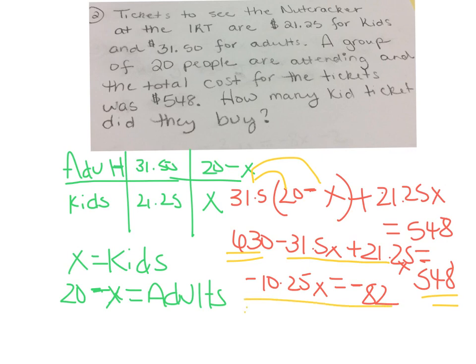Last step, divide both sides by negative 10.25. And my final answer is 8. So that means I have 8 kid tickets and I have 12 adult tickets. 20 minus x. Okay, so there's number 2.